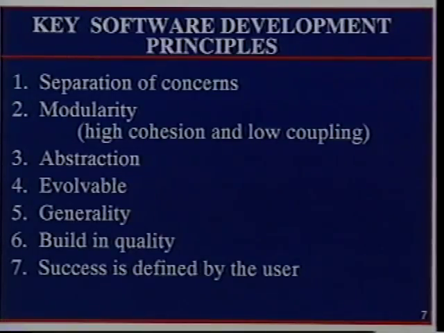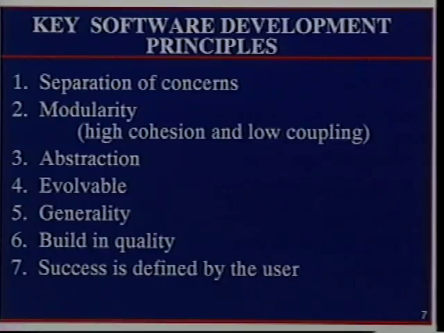Now, if you look at the object-oriented principles that we have mentioned, you would see that there are a number of features that are already implicitly incorporated into the object-oriented concept. For example, encapsulation takes care of modularity and separation of concerns. We talked about abstraction.